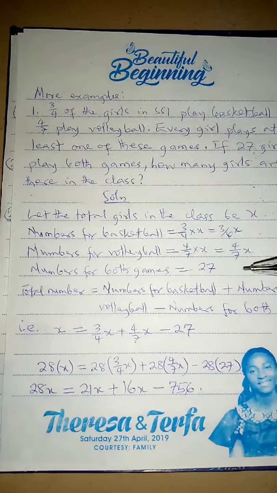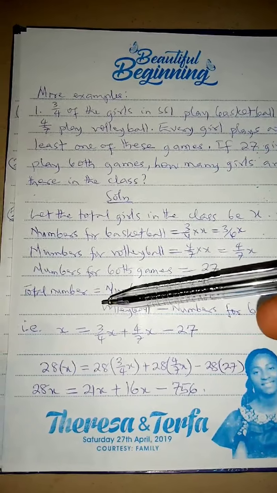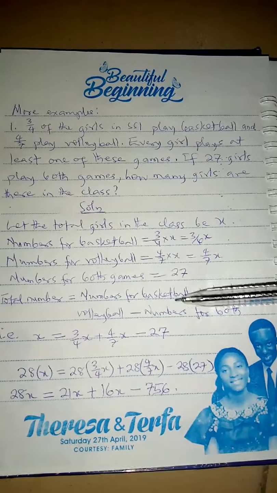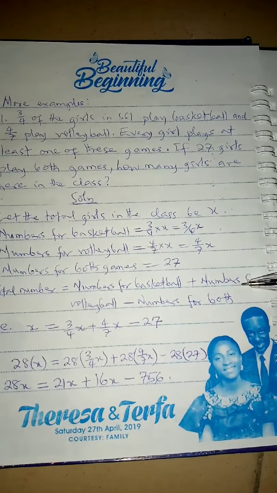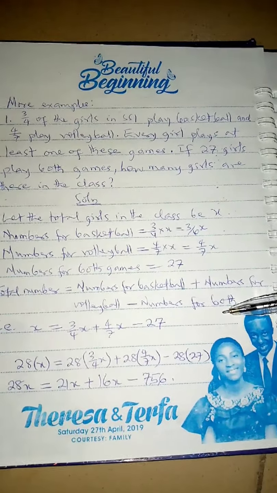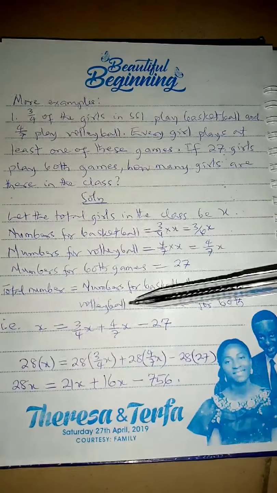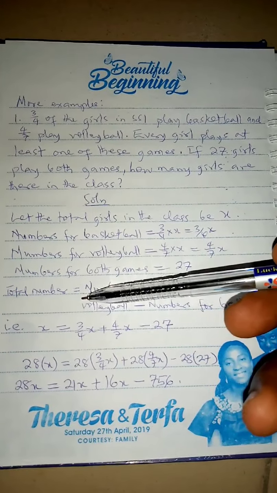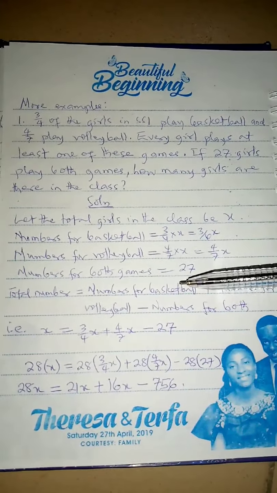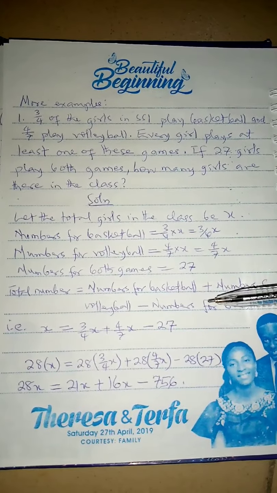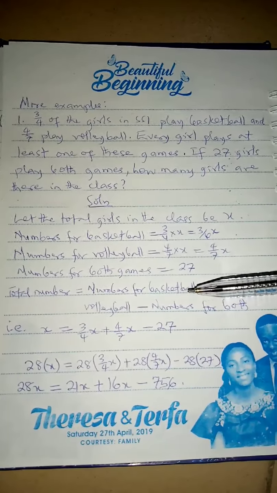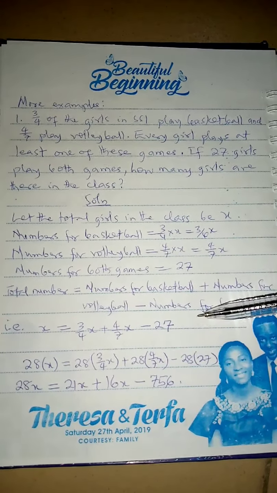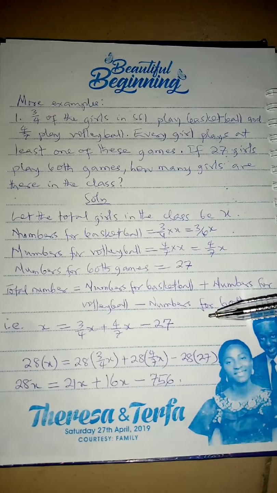So here, if we want to get the total, we have to add the number for basketball to that of volleyball and remove both, and that is when you have the total. Please take note, since they didn't mention volleyball only or basketball only, you have to add the number for volleyball to that of basketball and subtract the number for both.